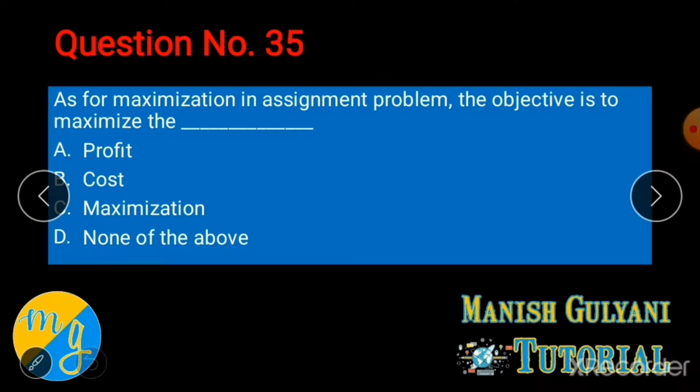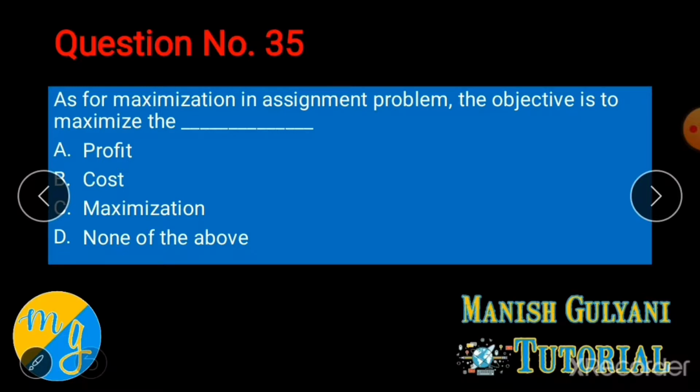Question number 35. For maximization in an assignment problem, the objective is to maximize the profit, cost, maximization, none of the above. As you know, you can identify maximization cases on the basis of profit, sale, revenue, selling price; if these are given, you can easily identify a maximization case.